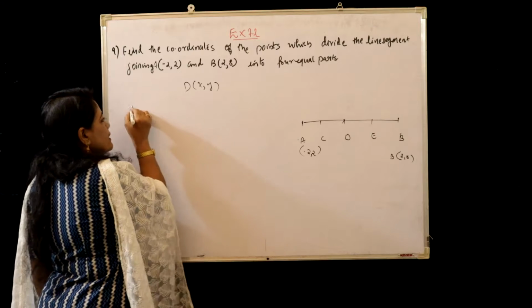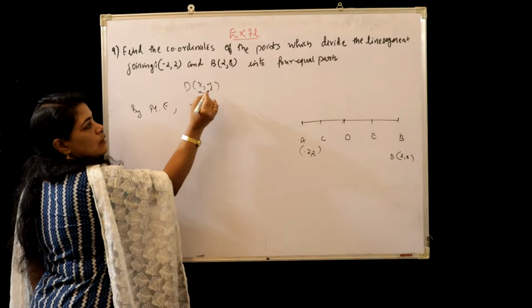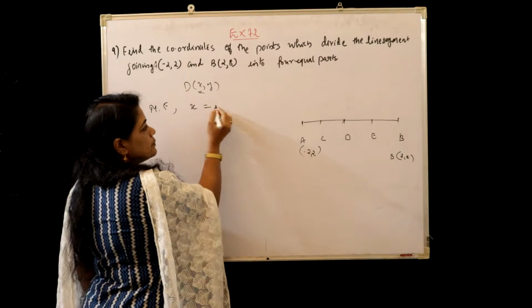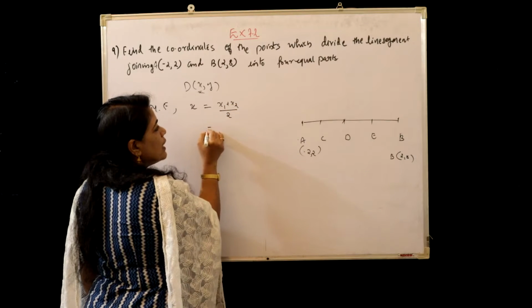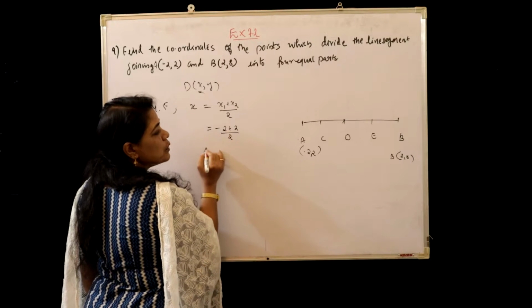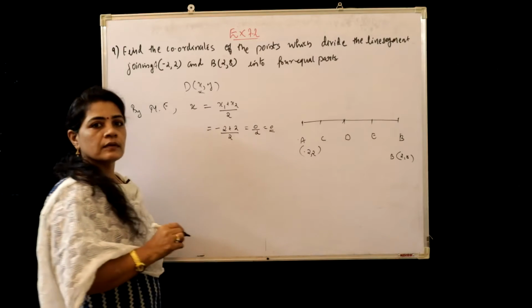So by the midpoint formula, x, the x coordinate of the point D, is equal to x1 plus x2 by 2. Okay, so x1 is minus 2, plus 2, divided by 2. Minus 2 plus 2 is 0, by 2, that is 0.